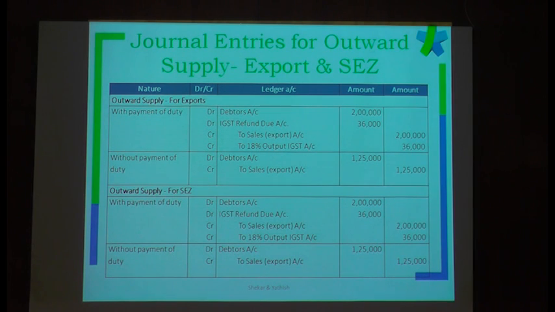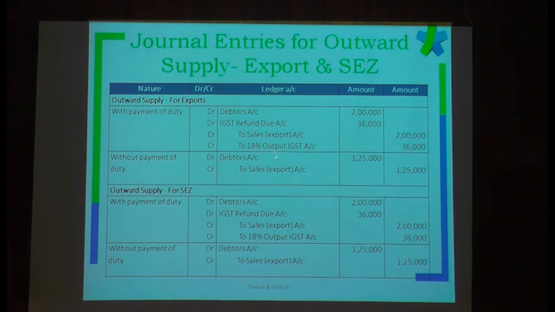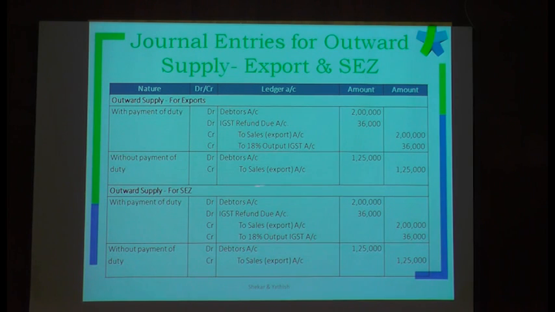In with payment of duty, we will have to show that we have discharged the duty on the output for the purpose of claiming a refund, and that is disclosed here. Then without payment of duty, you will not track the tax amount separately. So that's the reason it's going to be debtor account to sale or export sales.